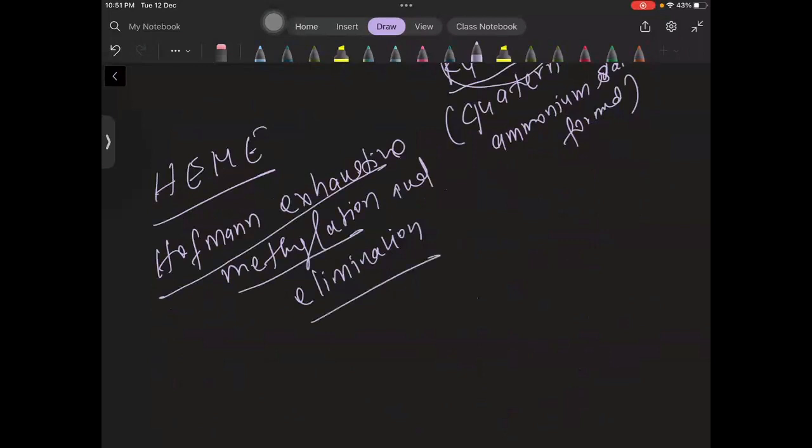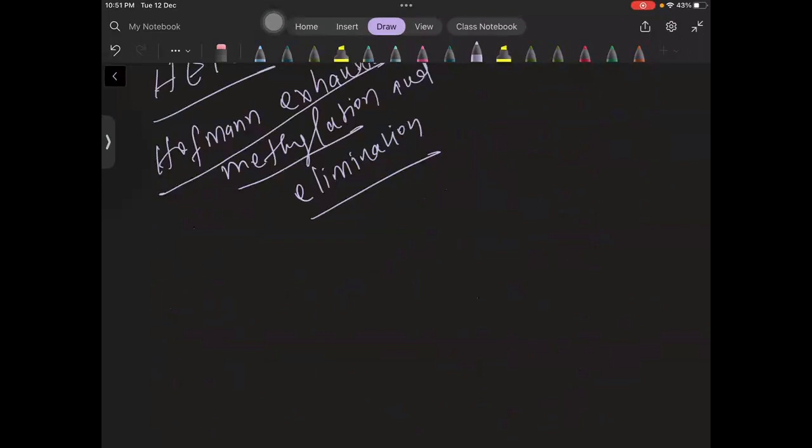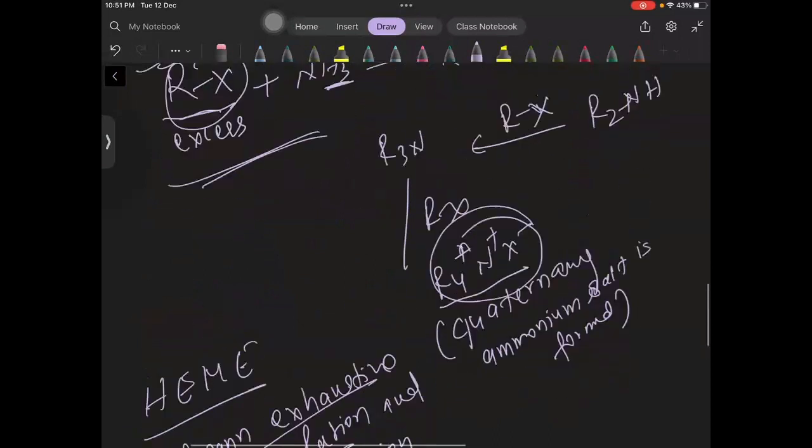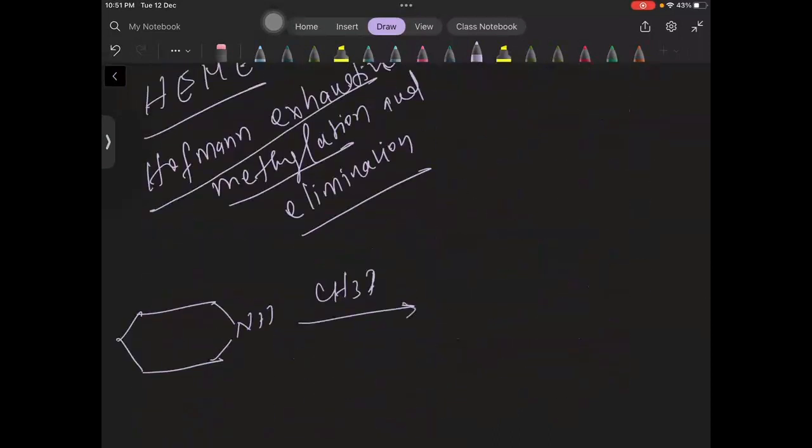Let's understand through an example. We have one compound and we take CH3I. The same logic applies, forming a quaternary ammonium salt, after which you can use Hofmann elimination. Here is a lone pair also.